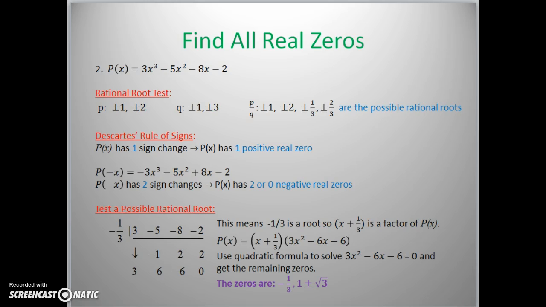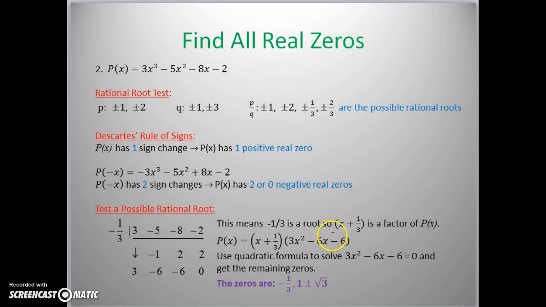The first one that I got that gave me a remainder of 0 was negative 1/3. So since negative 1/3 is a root, that means x plus 1/3 is a factor of p of x. So I'm rewriting p of x in factored form, x plus 1/3, and then the quotient that I get from dividing, 3x squared minus 6x minus 6.